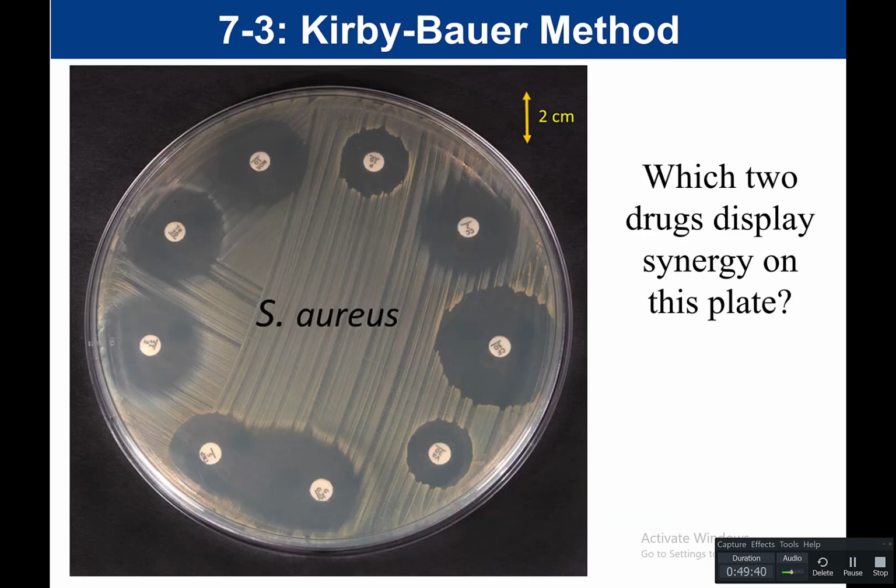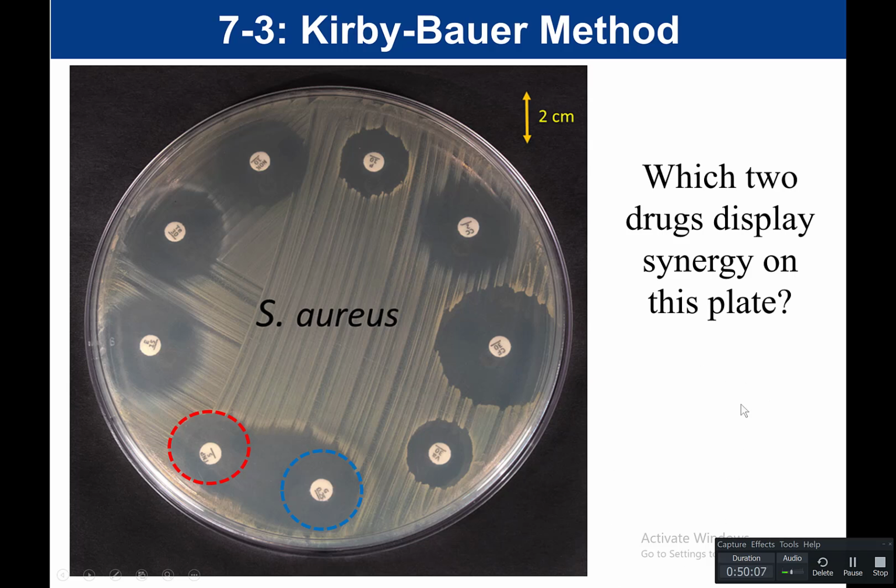So if we were to look at this on our plates that we did, if you were to look at this plate, which two drugs on this plate do you notice exhibit drug synergy? And so if we look at trimethoprim, this red dotted line, so notice it's going across, you would expect that this zone of inhibition ends here.